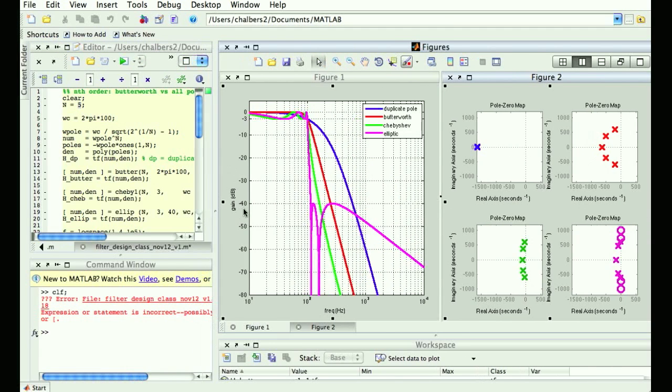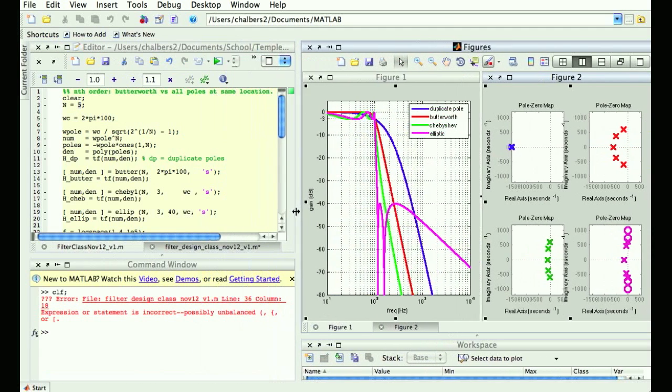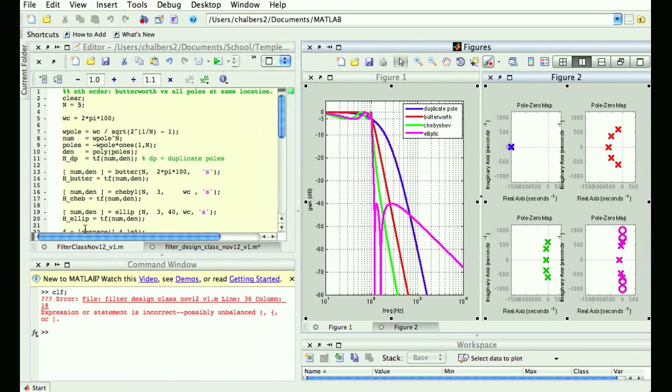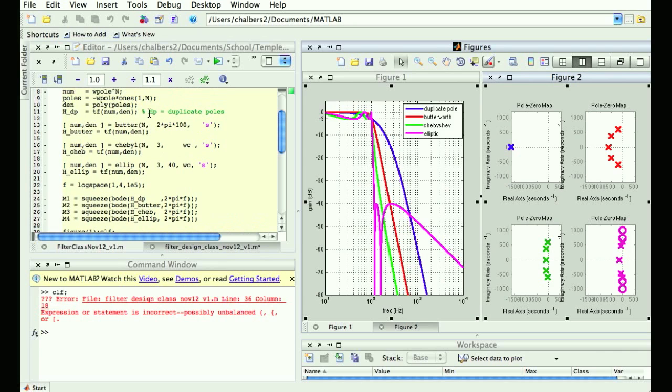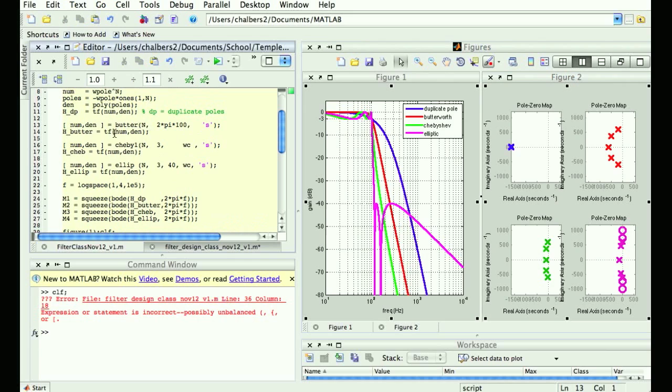All you need to know to build these, it's actually not that hard. Look at the code that I need to do this. And I'm posting this code so you can just play with it for your computer assignment. Suppose I want to make a Butterworth filter. There's a built-in function called butter. Okay?